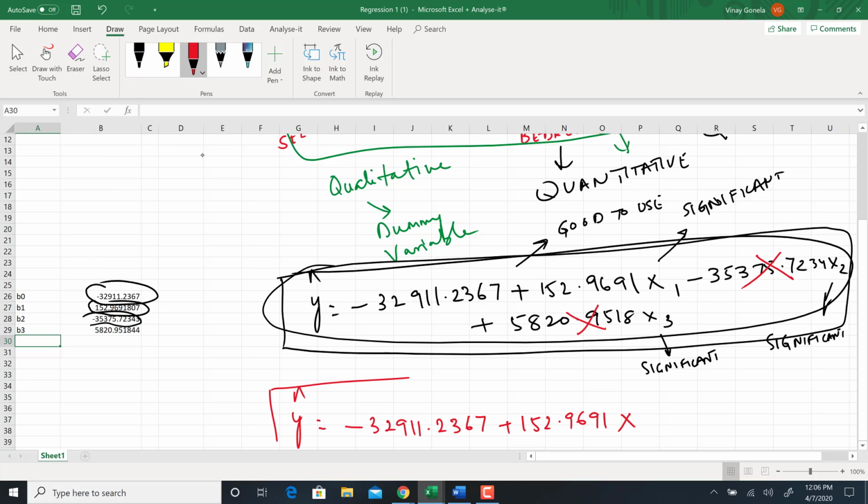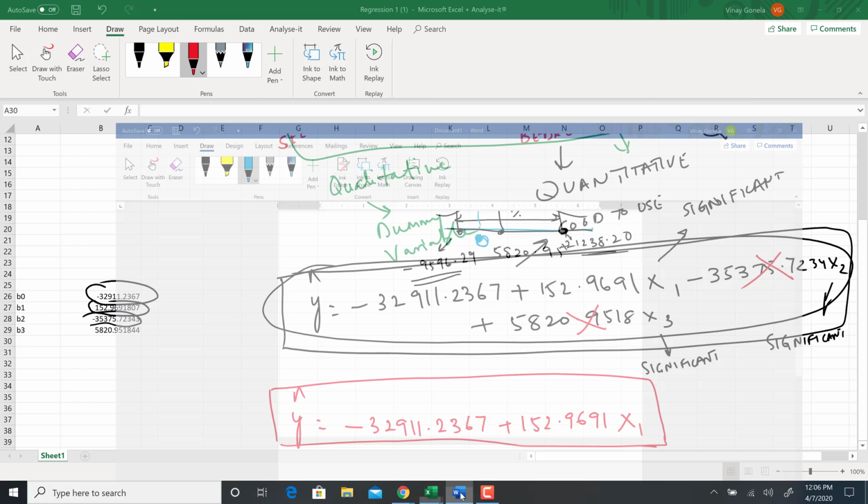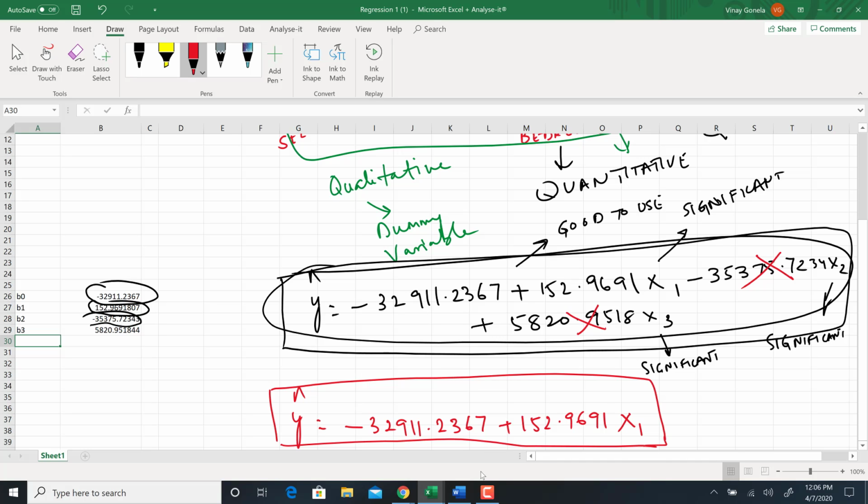So this only factor, x1, is going to help us determine the sales price of the house. That is how we are reducing the factors. The other two factors won't add much value.